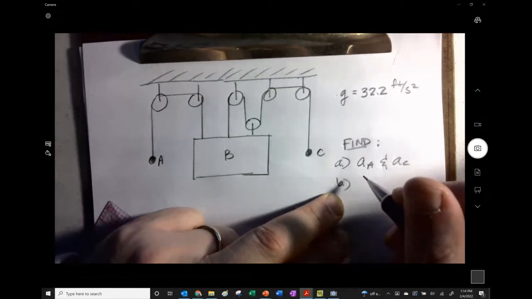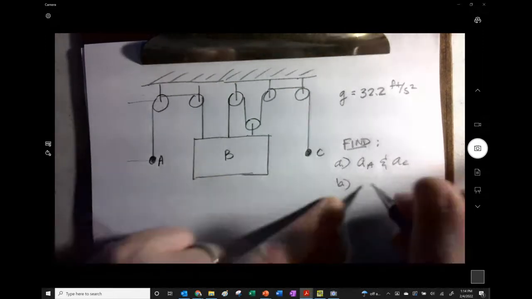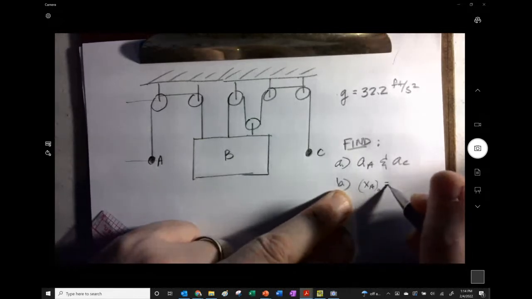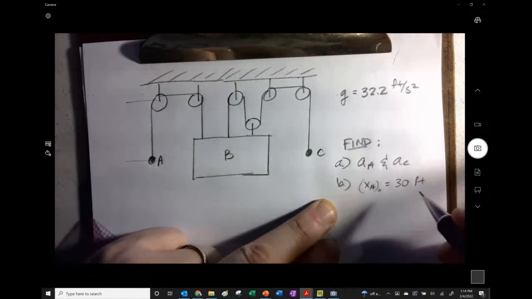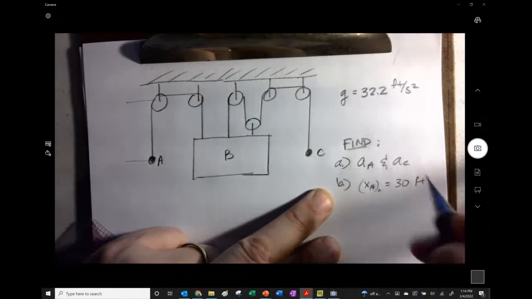If initially there's 30 feet of rope between A and the first pulley, so they're talking about that distance right there, which I'm going to call XA. I'm going to write that down. What is the velocity of A at the instant it reaches the pulley?